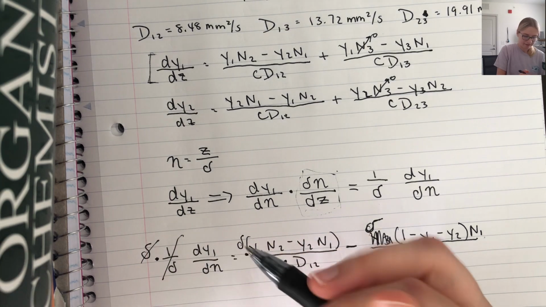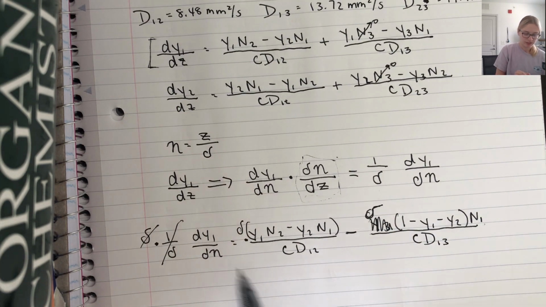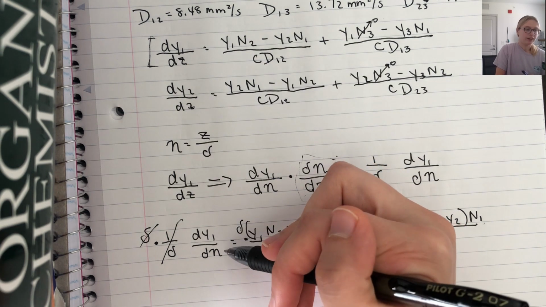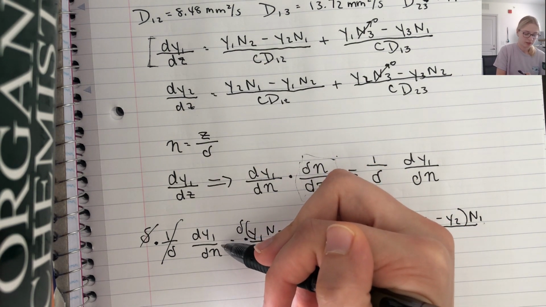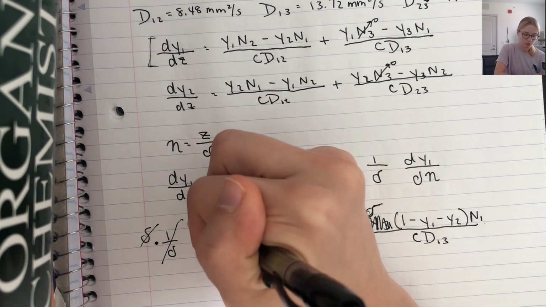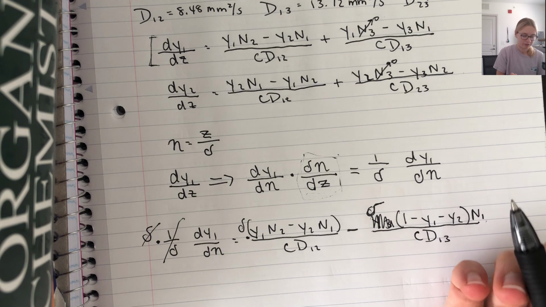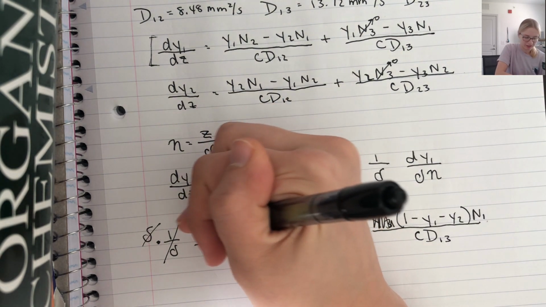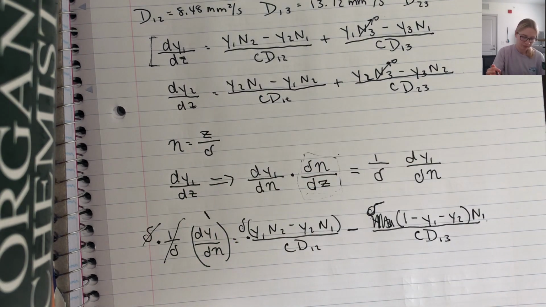So right here we have the change in y1 with respect to eta is equal to this right side of the equation, which was multiplied by delta. So we know that y1 is any quantity from 0 to 1, so the order of magnitude of this must be 1, and then the order of magnitude of eta is also a quantity from 0 to 1. So the whole order of magnitude of this side of the equation must be equal to 1.